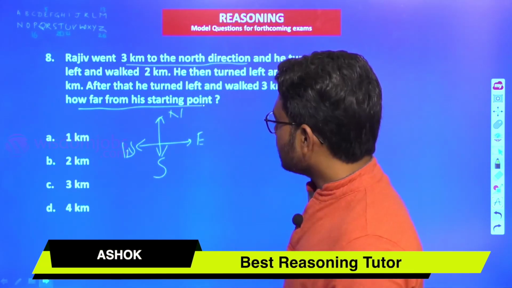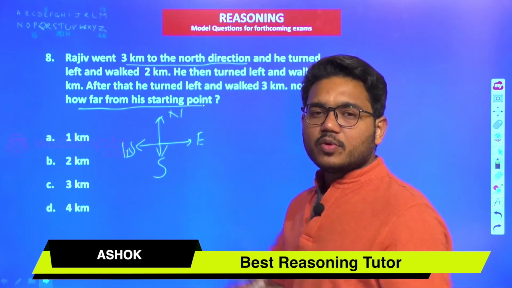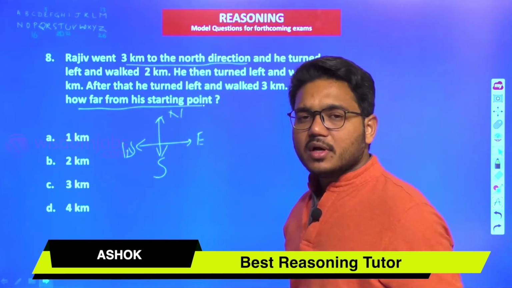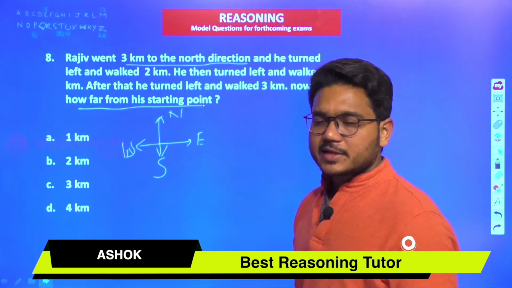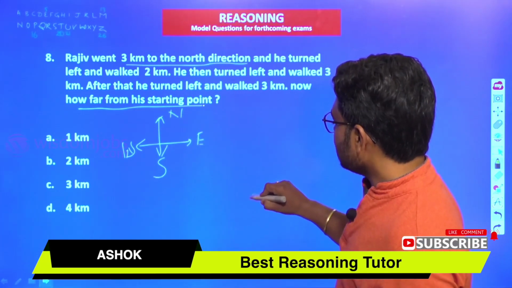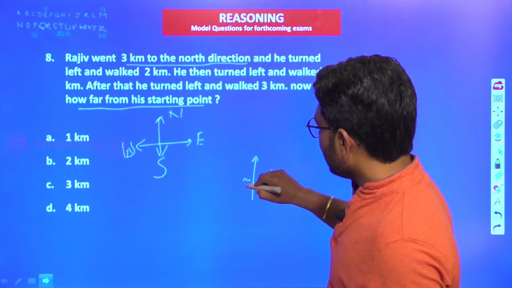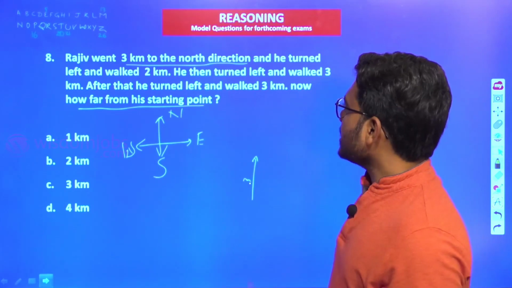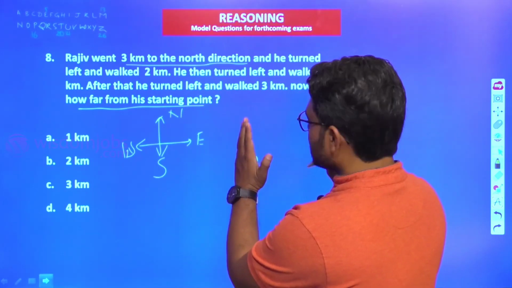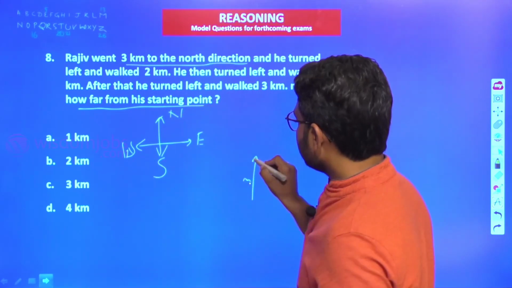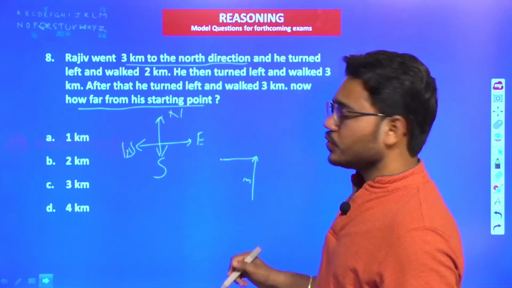For that, try to draw the path of the movement of that person, Rajiv, and how he is moving. Initially 3 kilometers in the north direction, so he moved 3 kilometers north. Then he turned left, so he is facing in this direction now, and walked 2 kilometers.